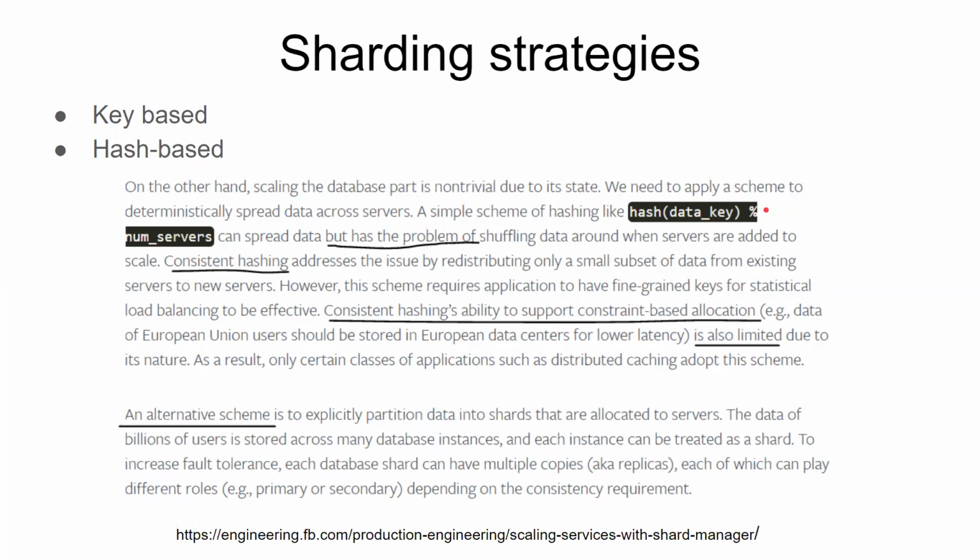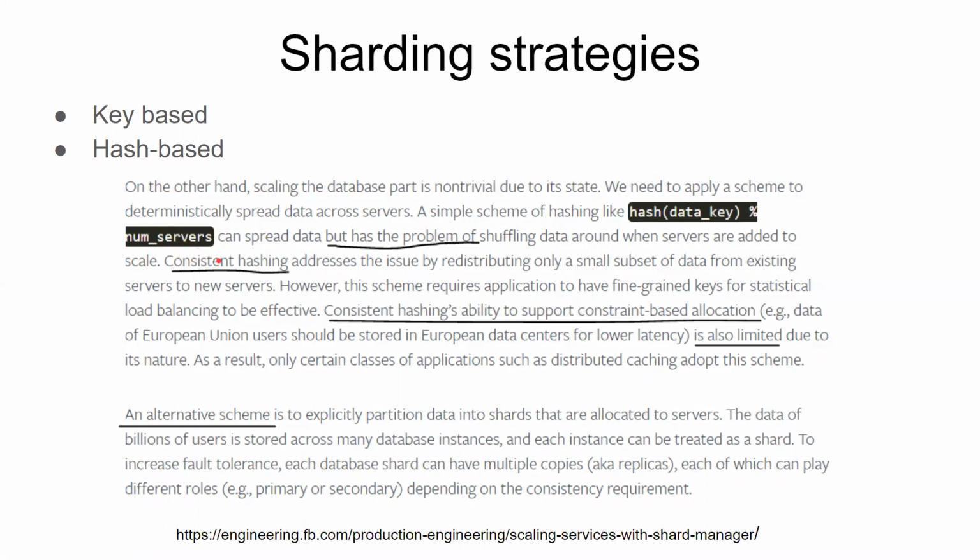That's point number one. The second idea is data movement. If you take this simple approach, then when you add servers or take down some servers, the problem of data movement to rebalance your data across the available servers becomes huge, because you have to move all your data around since it's dependent on the number of servers.